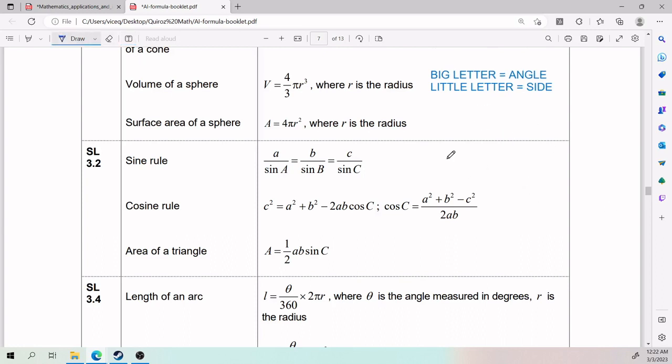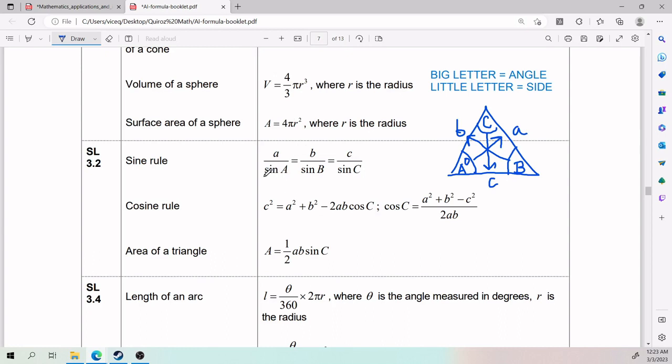So if I go ahead and draw, say, a triangle like this, and I choose that this is angle A, then that means I have side little a. If I say that this is angle B, then I have side little b. If I say that this is angle C, that means I have side little c on the other end. All right, so that is why there's big letters and little letters in this case.